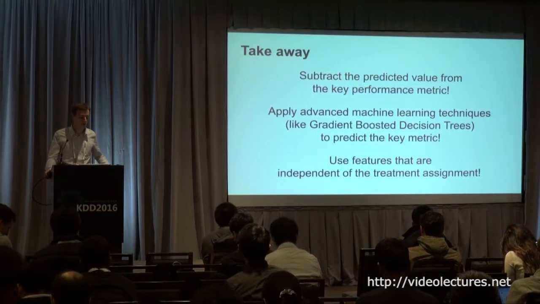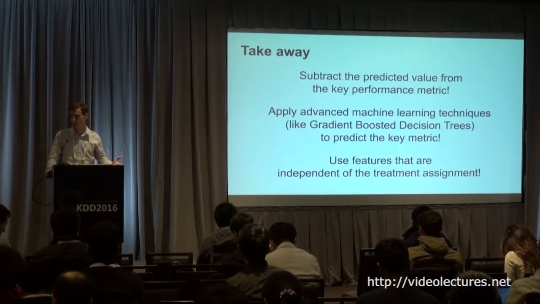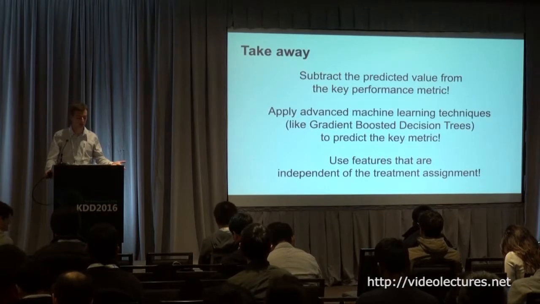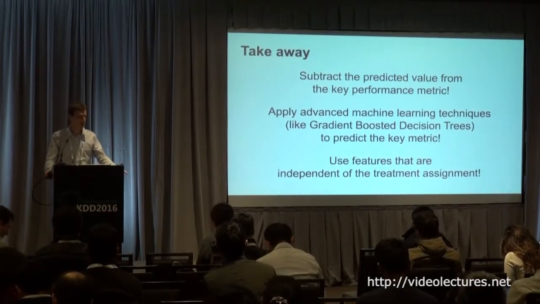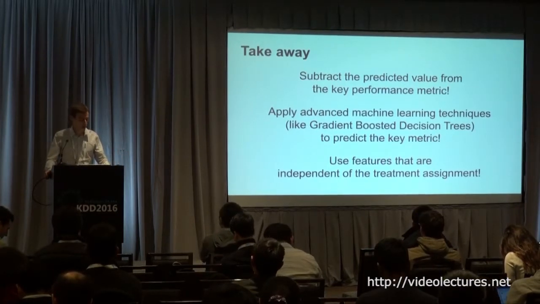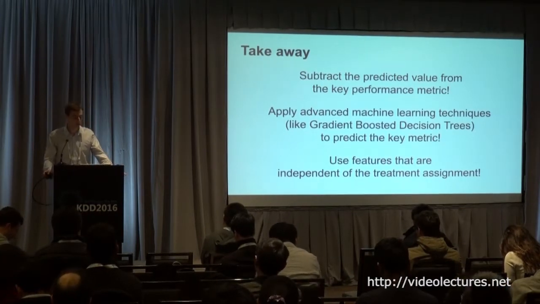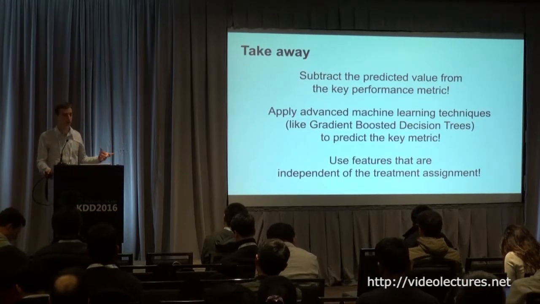We should subtract the predicted value from the key performance metric to get such results. We should apply advanced machine learning techniques like gradient-boosted decision trees to predict the key metric, not only linear models like before. And you must use features that are independent of the treatment assignment, which is the key point of this study.